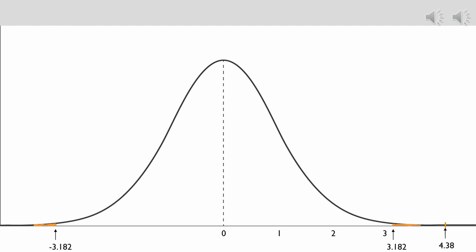So we still lie within the critical region. We still reject the null hypothesis. We still say that we accept the alternative hypothesis that yes, in fact, there is a significant relationship between hours studied and exam score.